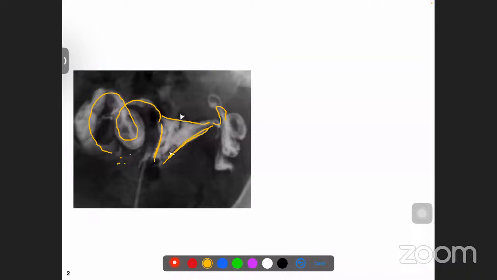And again, on the other side as well, you can see the tube. But what is marked in the image? You can see that there are filling defects which are present, and they are irregular filling defects. These irregular filling defects are suggestive of, yes, Asherman.